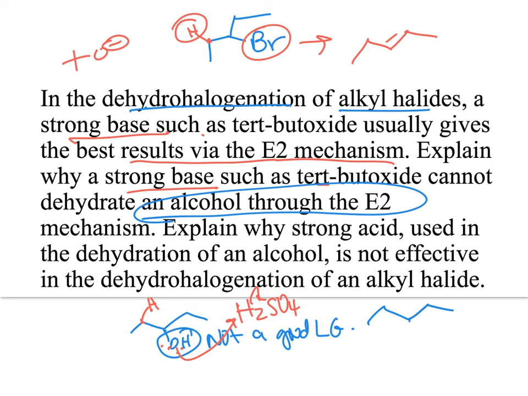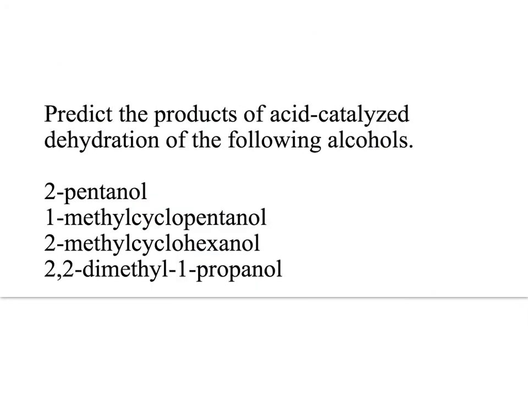And then upon protonation, now you have a good leaving group. And now when the base takes the hydrogen, it can leave. And that's how you get an alkene. So why does a strong acid have to be used for an alcohol? To make the OH into water, because water is a good leaving group.